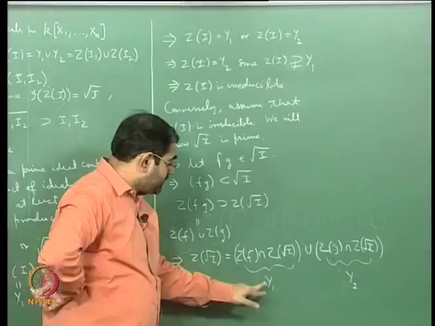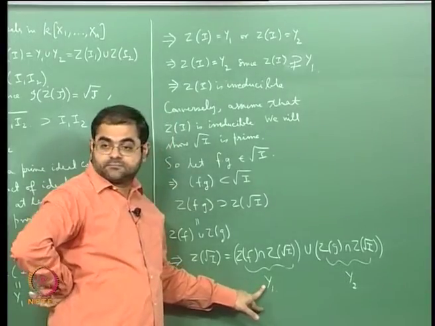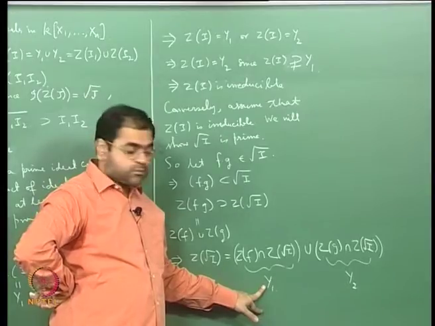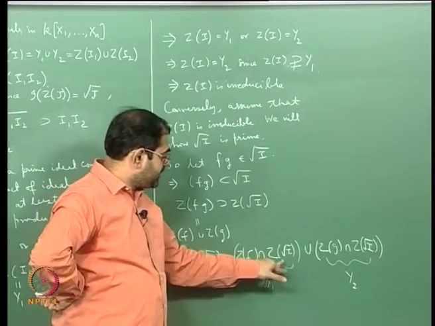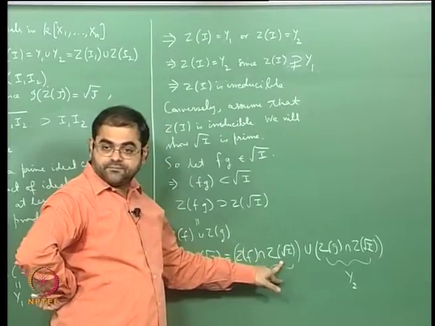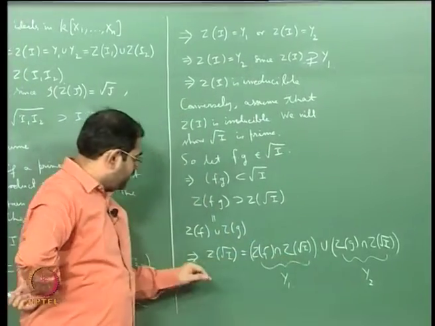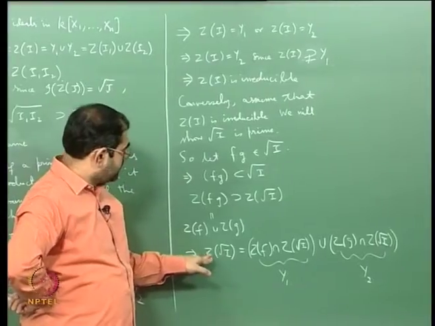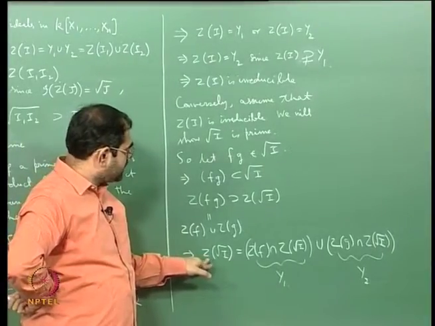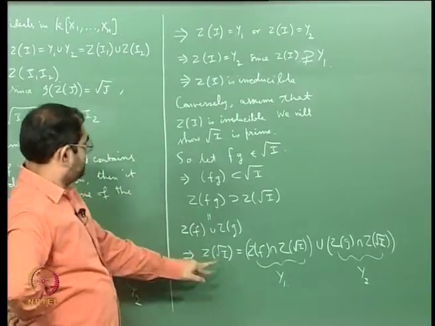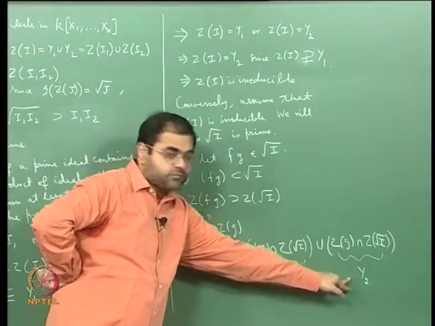what you will notice is that y1 is a closed set. It is a closed set because it is the intersection of two closed sets. Similarly y2 is a closed set, and you have written Z of rad I as a union of two closed sets.